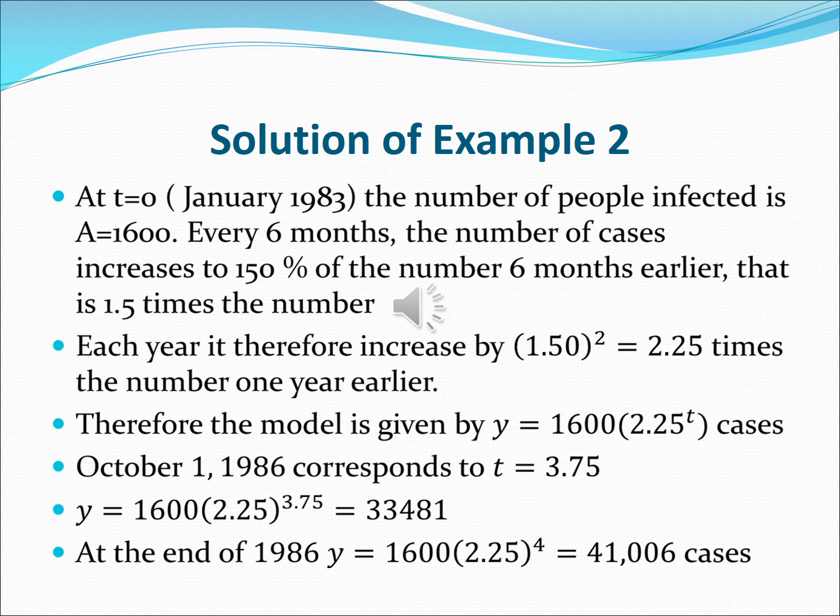If we plug in t equal to 3.75, we get the number of cases equal to 33,481. At the end of 1986, when t is equal to 4, the number of cases is 41,006.